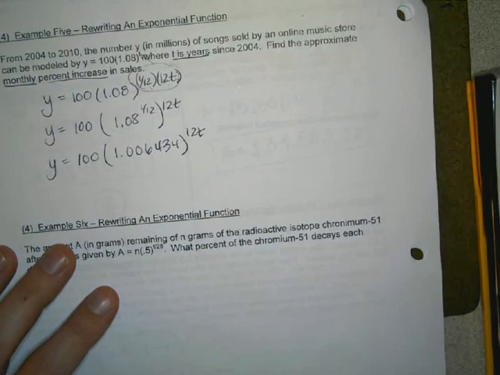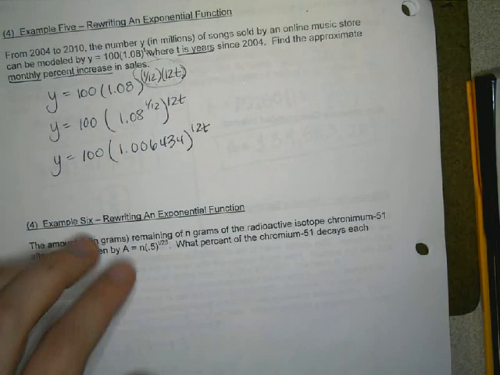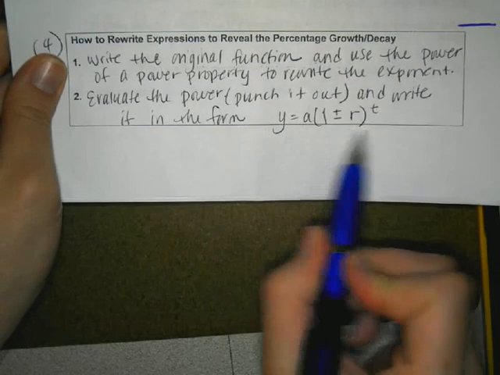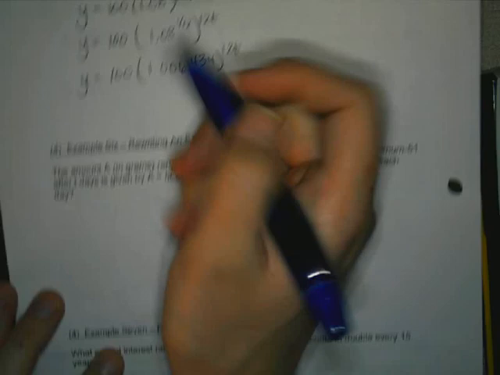Okay, so your percentage increase is going to be that decimal, because if we're going to rewrite it, as you see on the previous page, you need to rewrite it in the form y equals a times 1 plus or minus r to the t. So we're going to break apart the 1 in this decimal.